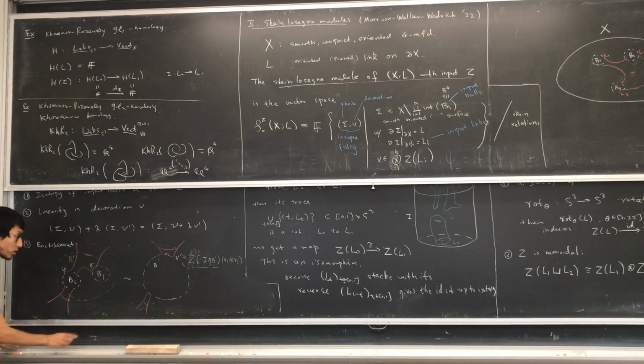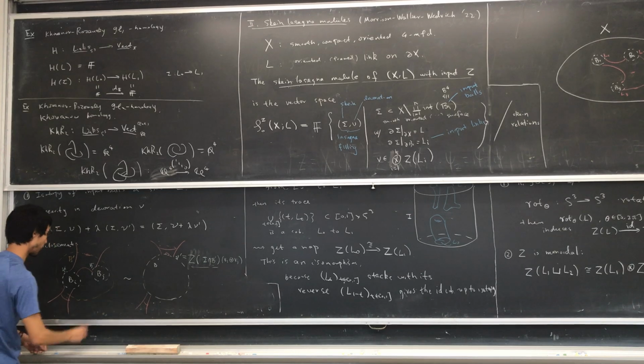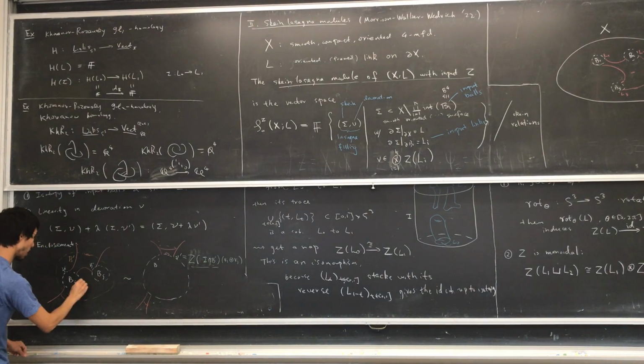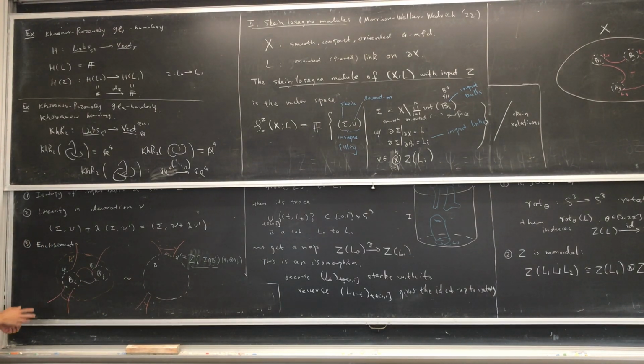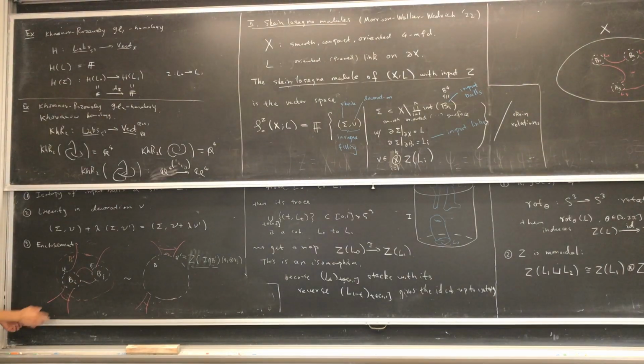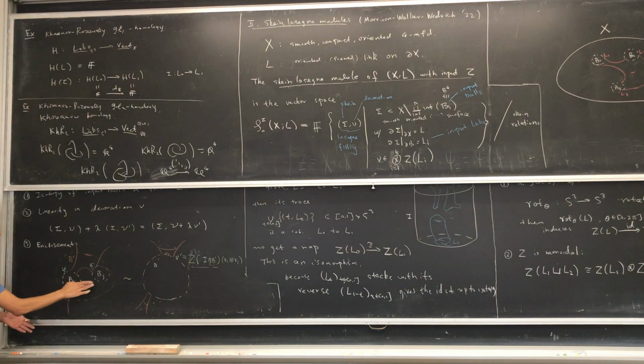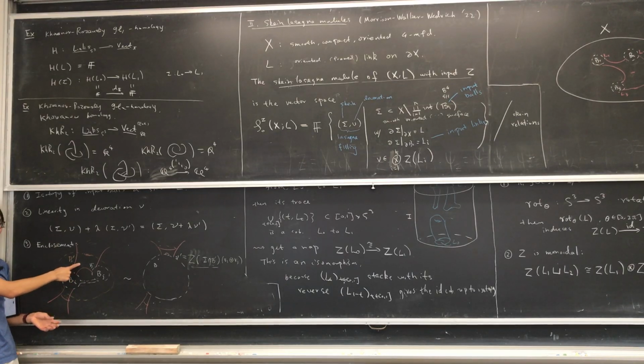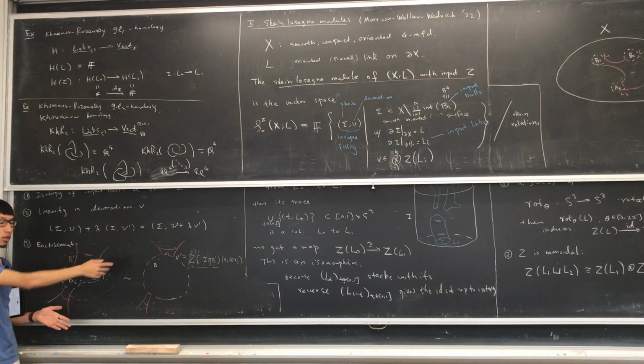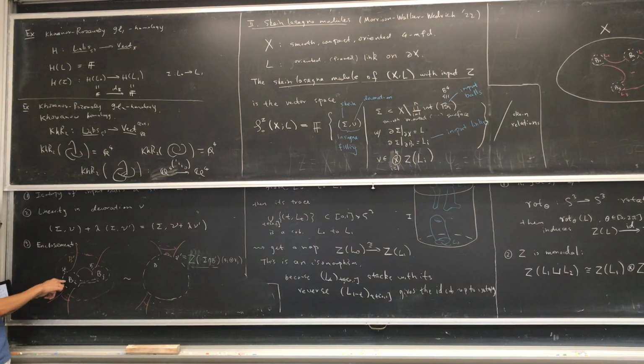So the precise procedure for defining that is that I first choose some path connecting up all my input balls, in this case Bi to Bj, and then I take a tubular neighborhood of this path. Therefore, connecting all my balls into one single ball, and then do this evaluation. But by general position, this path I choose will miss my surface. So you do get a comparison from Li disjoint union Lj to L prime.